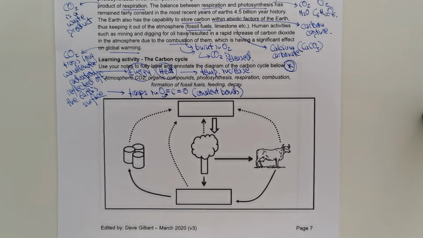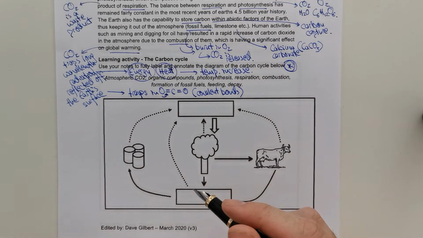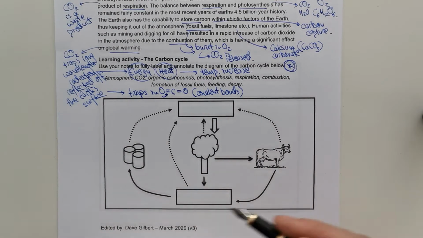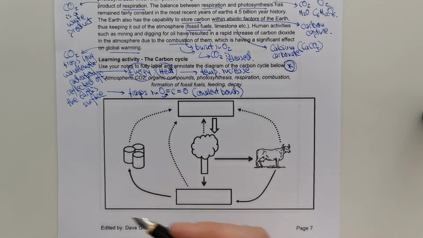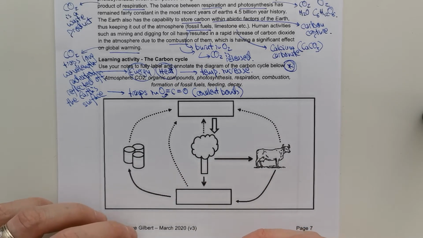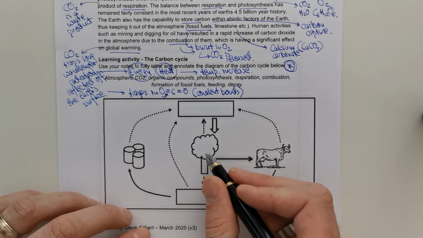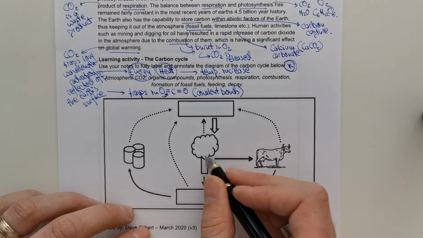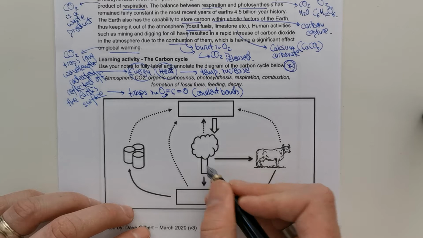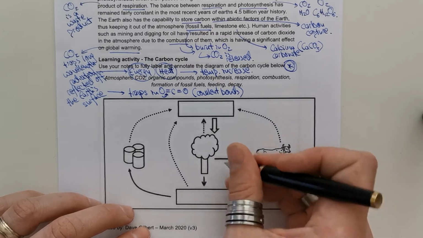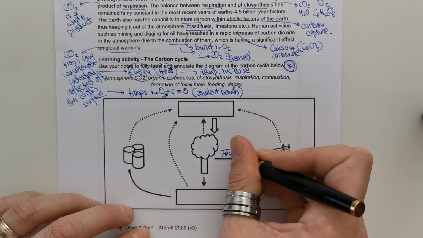Right, should have unpaused the video. So let's have a little look at it. So, detail of the things by which carbon can be moved around an ecosystem, moved around the environment. So first things first, how does carbon get from a tree using it during photosynthesis into an animal? Animals feed.